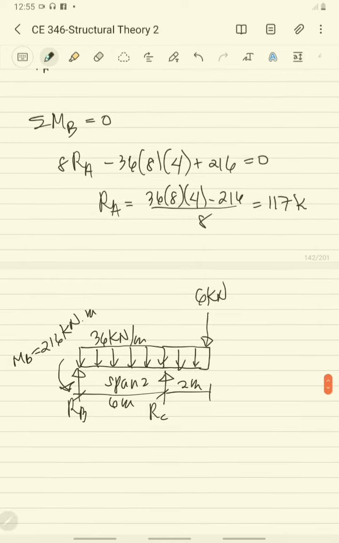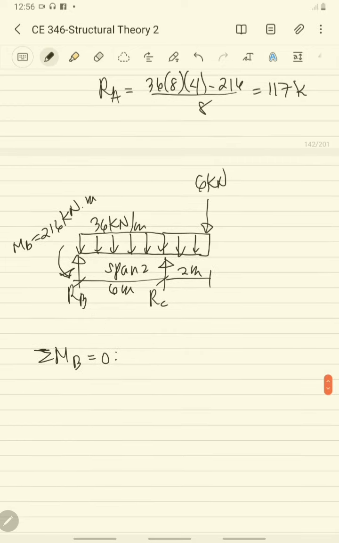Now we have to take summation moment at B equal to 0 to get the reaction of C. So you have 6 RC, plus 216 minus 36 times 8, then we have 4, minus 6 times 8 equal to 0.